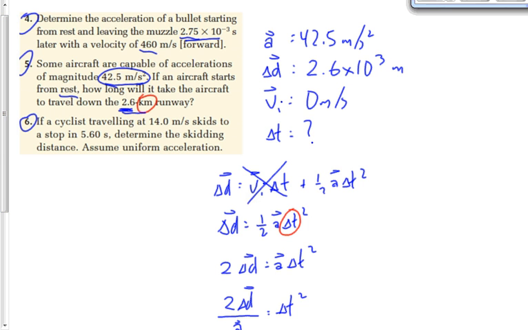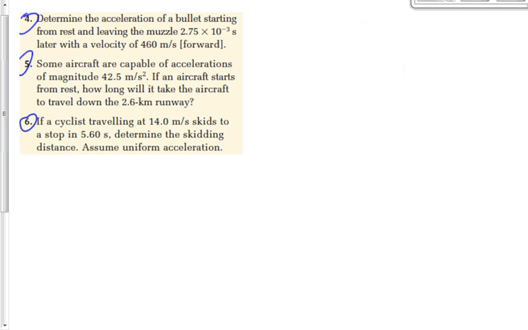Okay, last question now. Psycho's traveling at 14 meters per second, skids to a stop in 5.60 seconds. Determine the skidding distance, assuming uniform acceleration here. Group B, right? What is this 14 meters per second thing? That one should be an easy one, right? V1? You're right, VI, close enough. I usually call it VI, but could call it V1 if you wanted.